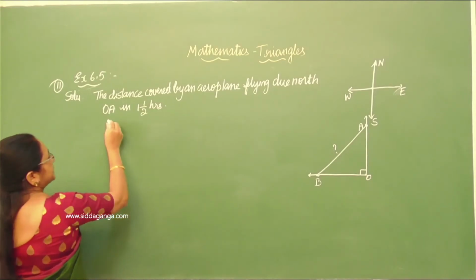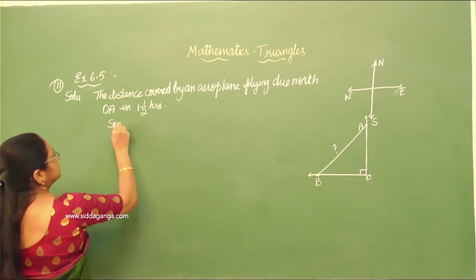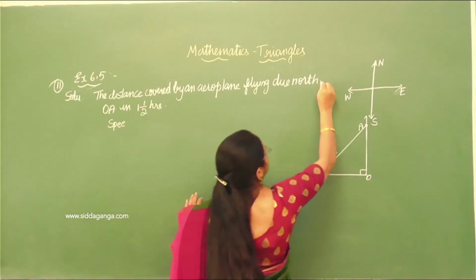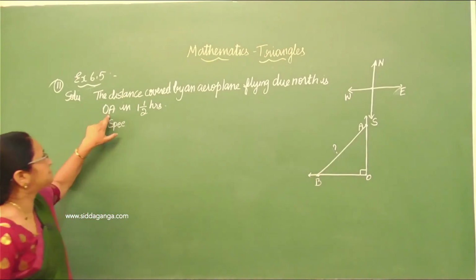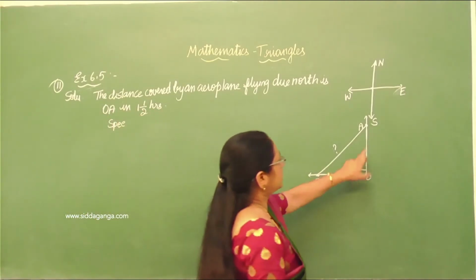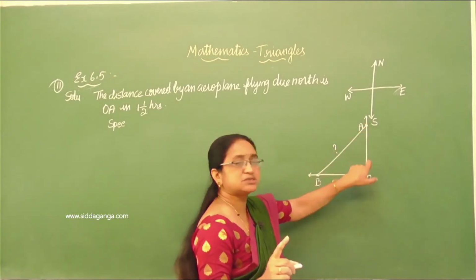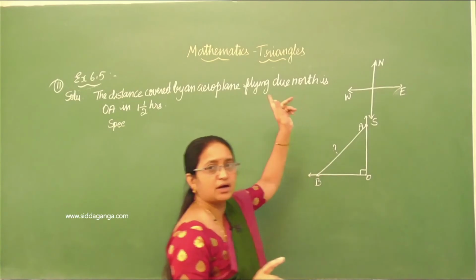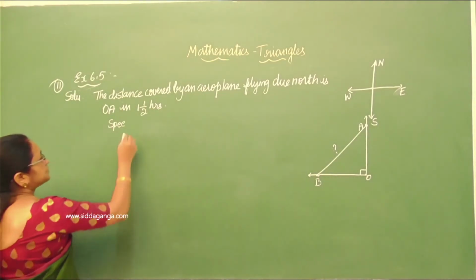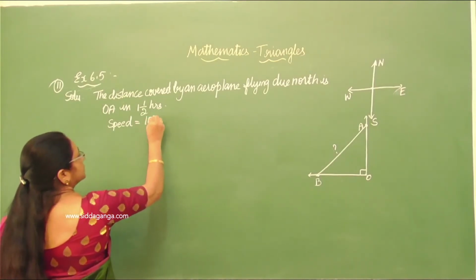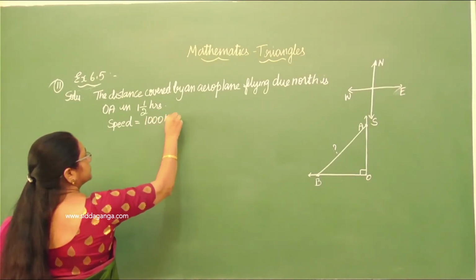So what is the speed? Speed is given. OA represents the one aeroplane, that is the distance covered by the first aeroplane which is flying towards the north, that I have represented here. Speed of that aeroplane is 1000 kilometer per hour.